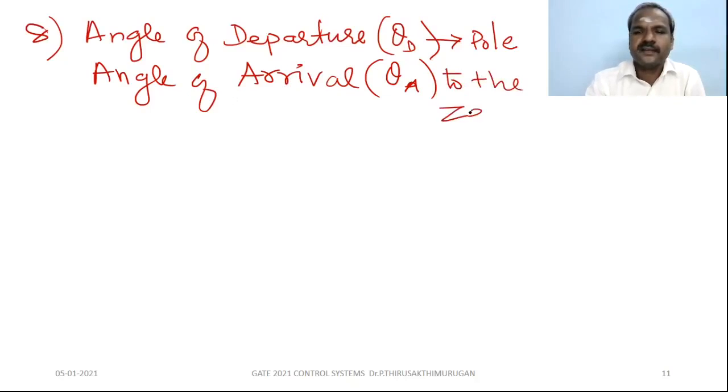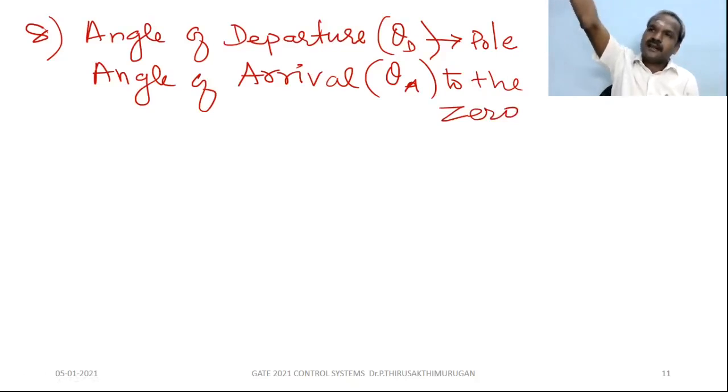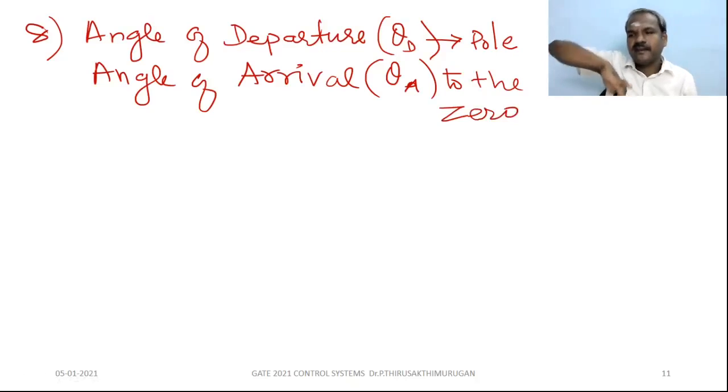So the branch originates from a pole and arrives at 0 in the RLD, right? So what is the formula?